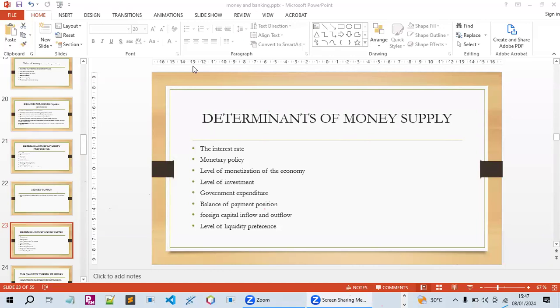For the definition of legal tender, it's the money which, according to the law, must be accepted in making transactions in a country at a given period of time.